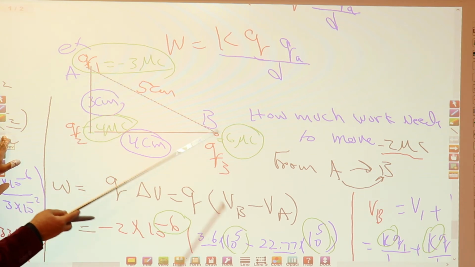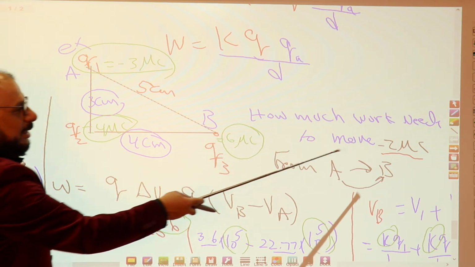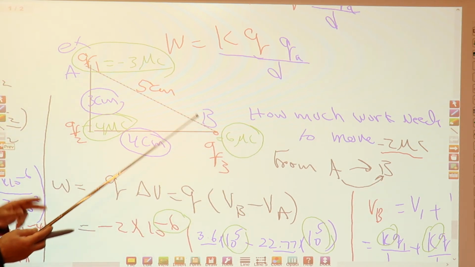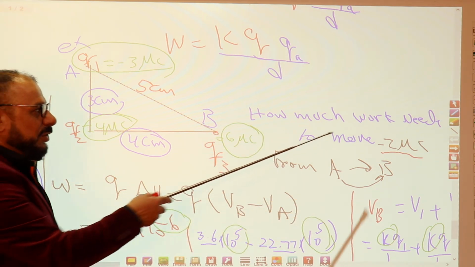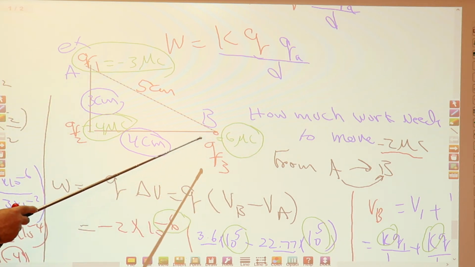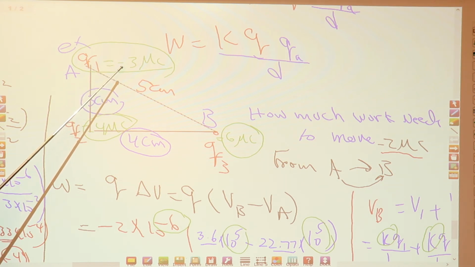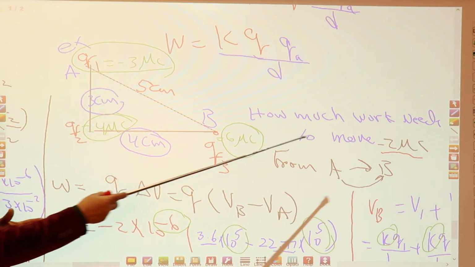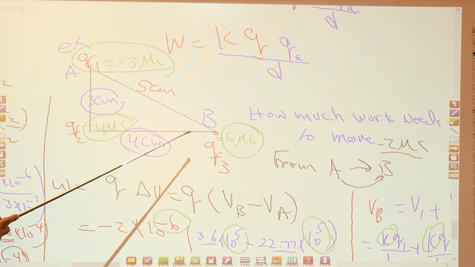Then you have to do a positive work to move it, because look here, this is negative and this is positive, and you're moving against attraction. From A to B, and this is negative, it's repulsive, negative and negative, then they are already moving. Then the work is going to be just directly, just slide down, like you're going down an incline.